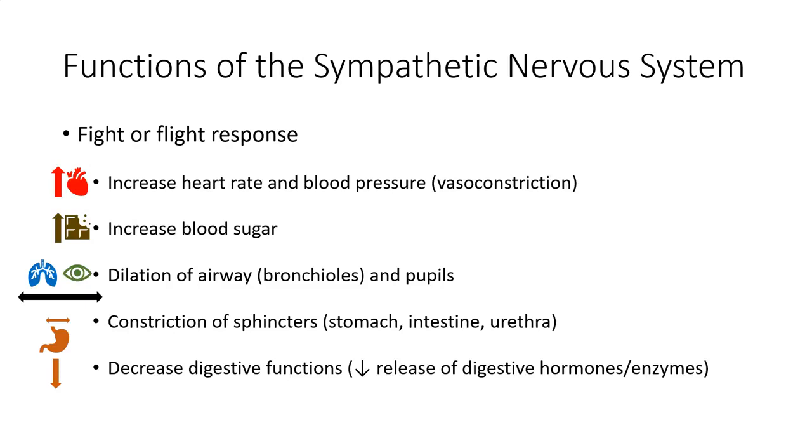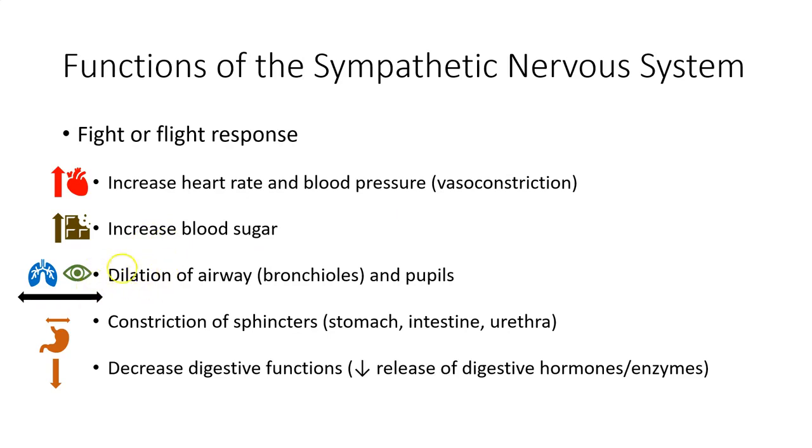The effects of sympathetic nervous system activation include an increased cardiovascular response, which includes an increase in heart rate, and an increase in blood pressure through signaling the arterioles to vasoconstrict. In addition, the sympathetic nervous system increases our blood sugar.